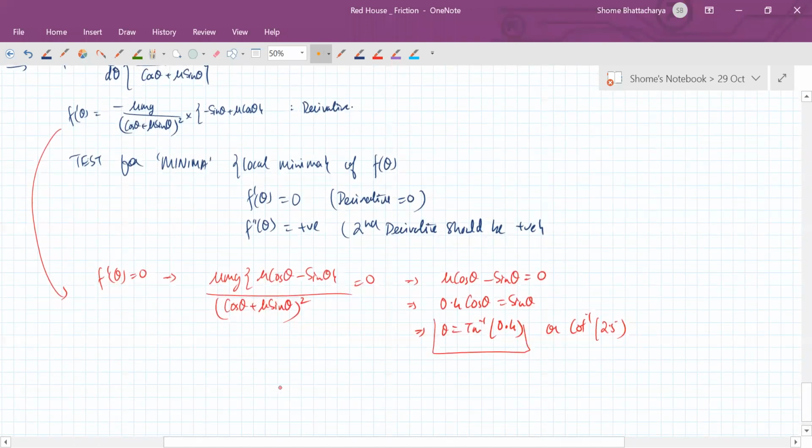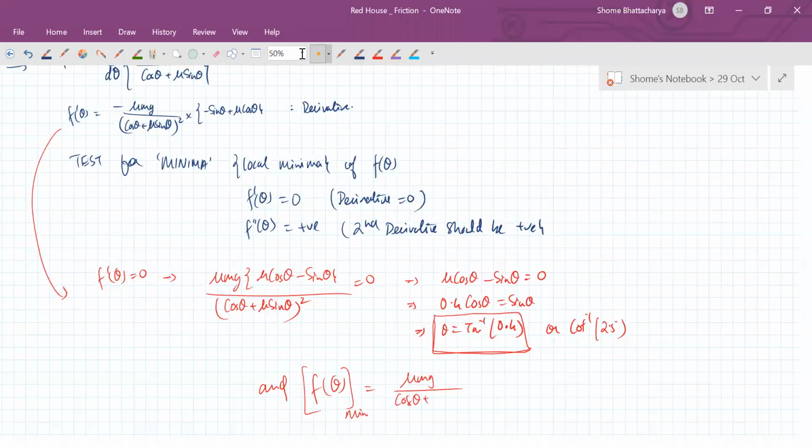And f theta, which will now have the minimum value, will be equal to mu mg upon cos theta plus mu sin theta.